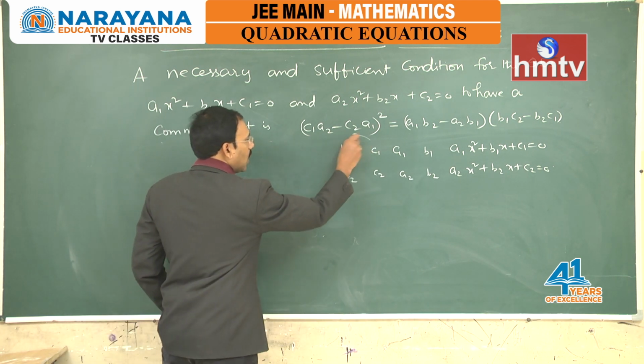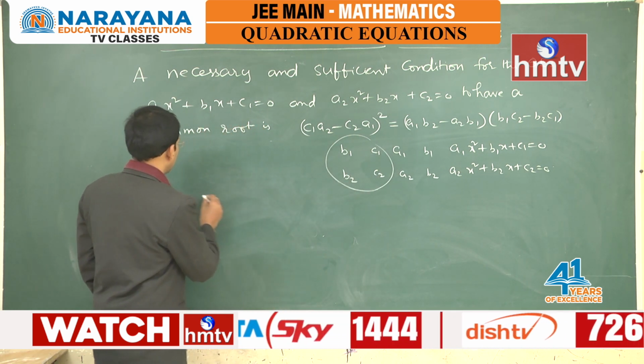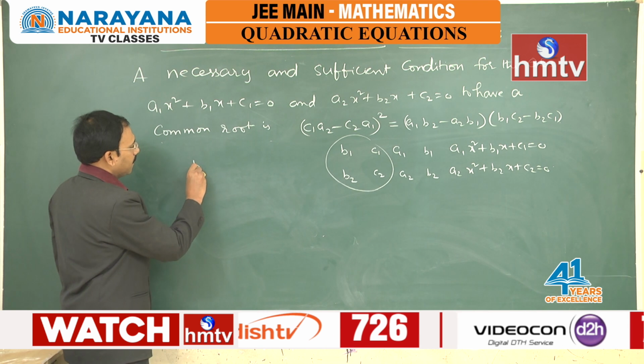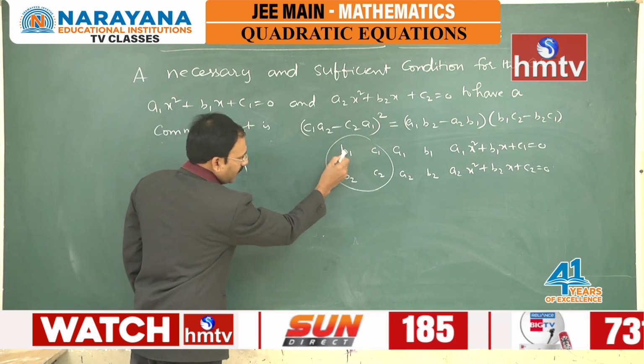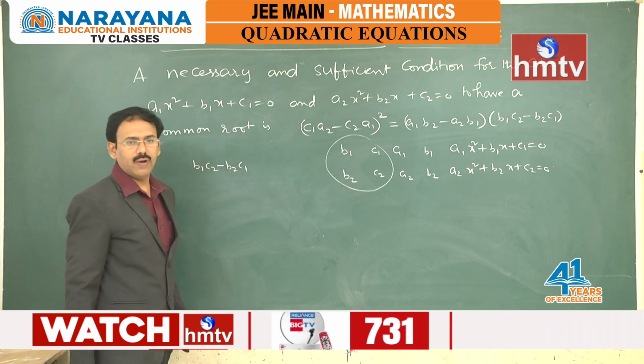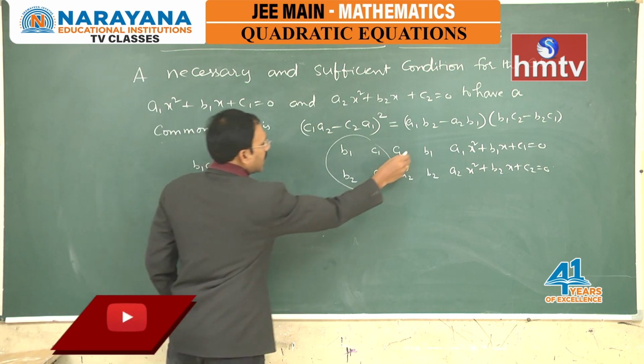Now, I think you know how to find the determinant of a 2 by 2 matrix. This is the first det. You try to write b1 c2 minus b2 c1, like we write AD minus BC for a 2 by 2 matrix. I have written this det by the second det.